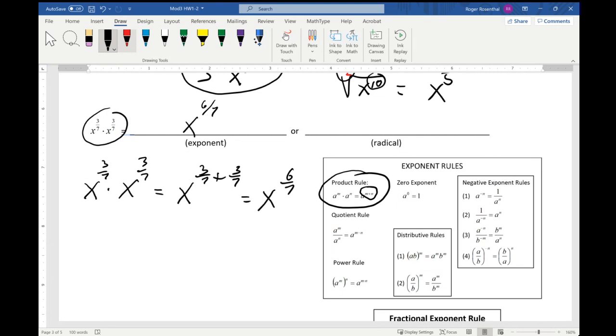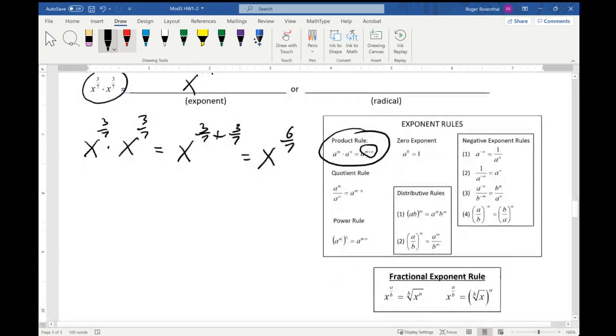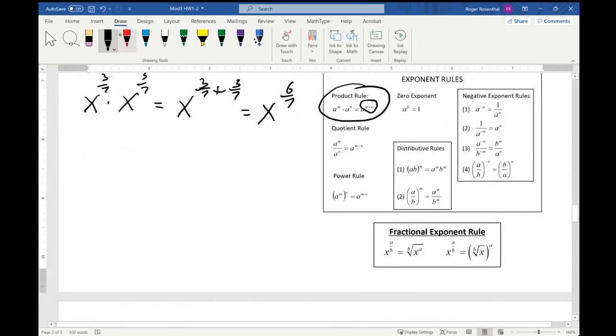Now we're going to change that to a radical. Remember, if you have something raised to a fractional power, you can turn it into a radical by taking the denominator and making that the index, and taking the numerator and making that a power.